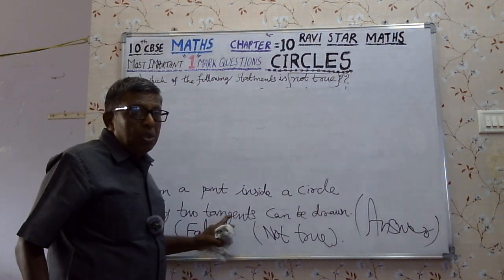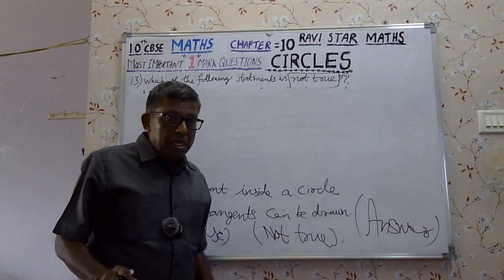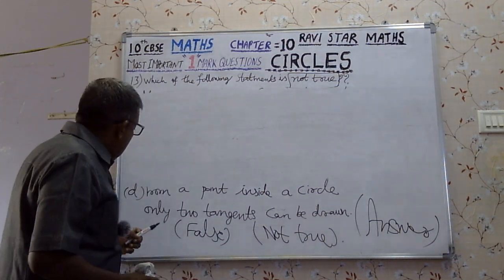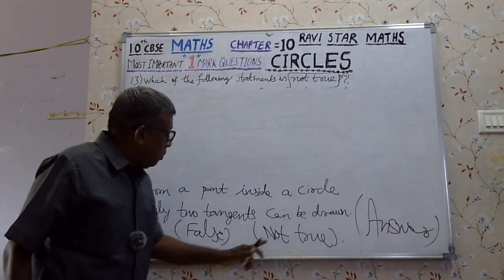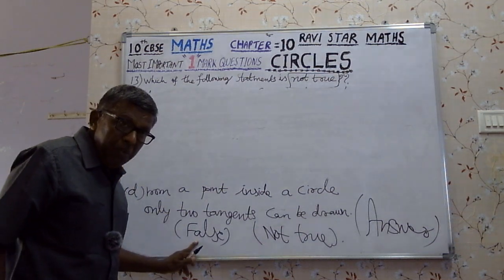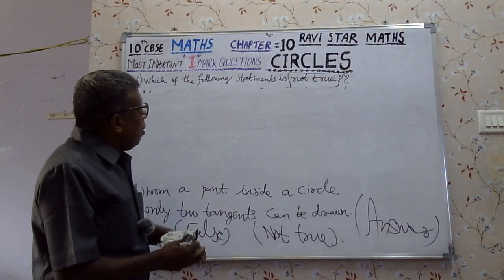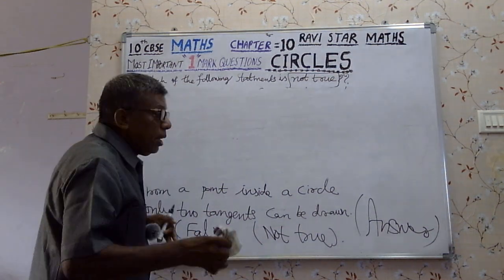They are saying two tangents are possible, but it is not possible to draw tangents. Option D is the answer for the problem. What is the meaning of false? Not true. We wanted to find the not true statement. Problem completed.